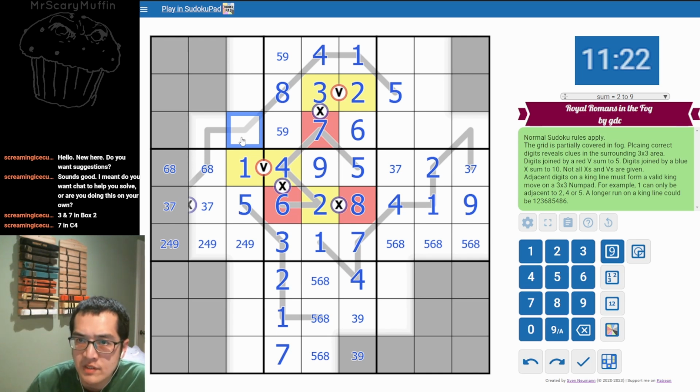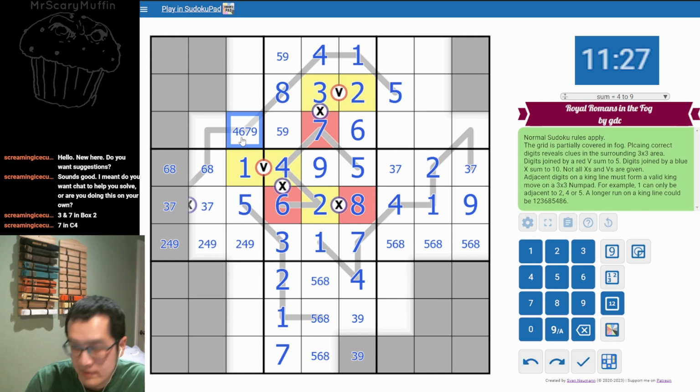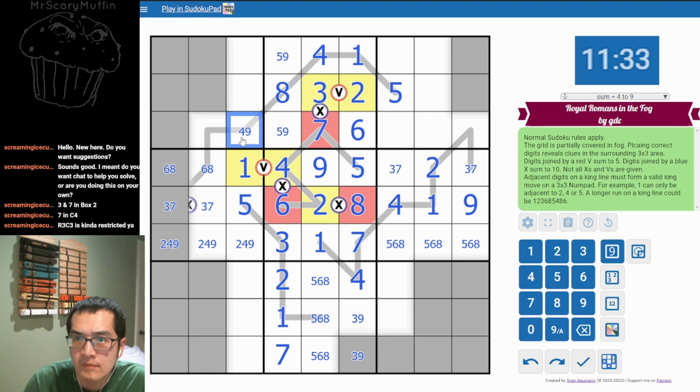But it might actually still be worthwhile pencil marking, because I see some of them already eliminated. So 5's already gone, 6 and 7's already gone. Only 4 and 9 are left here. Is there any problems connecting these numbers?